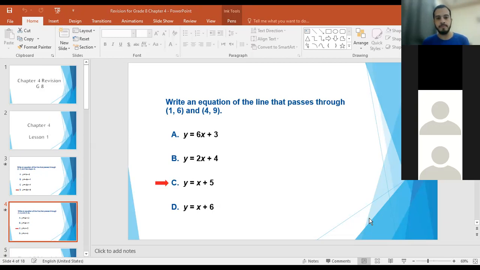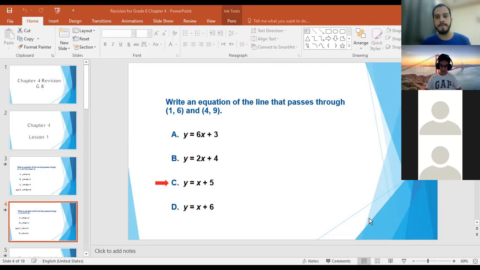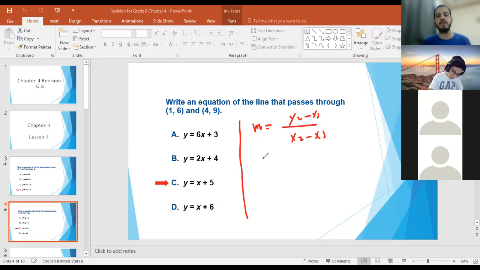Write an equation of a line that passes through (1, 6) and (4, 9). Okay. We use m equals y2 minus y1 over x2 minus x1, so first we find the slope of the line.